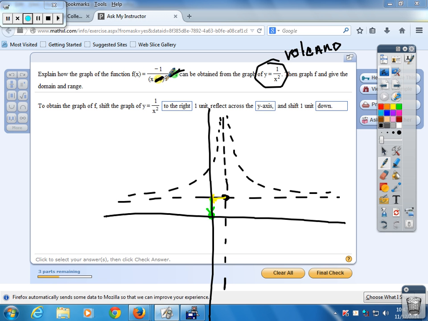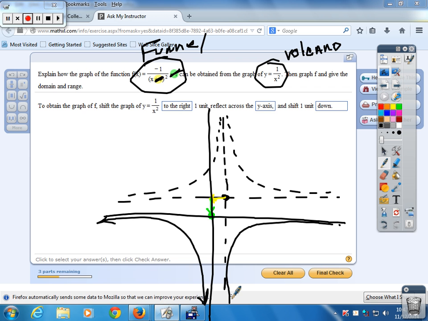Now I've got to figure out what this means. Instead of a volcano, you're going to have a funnel.